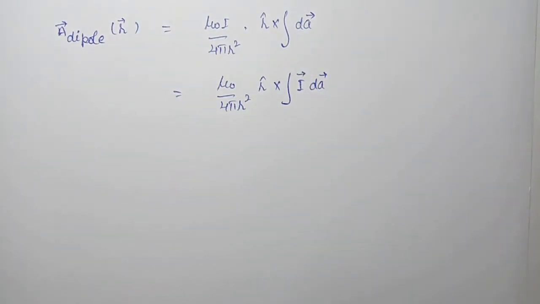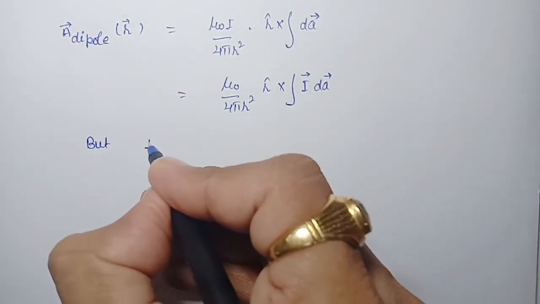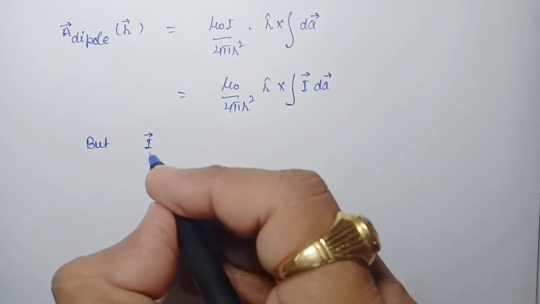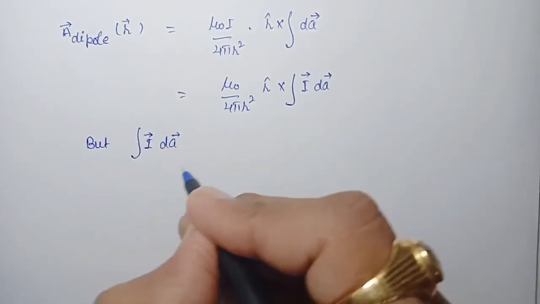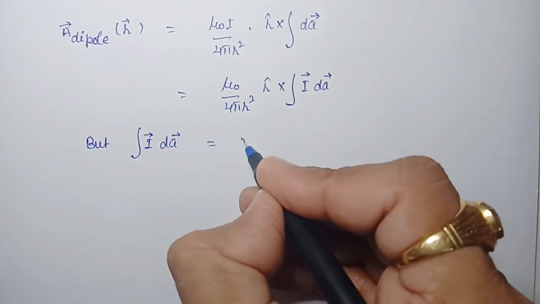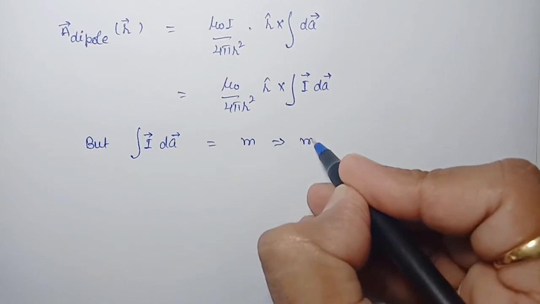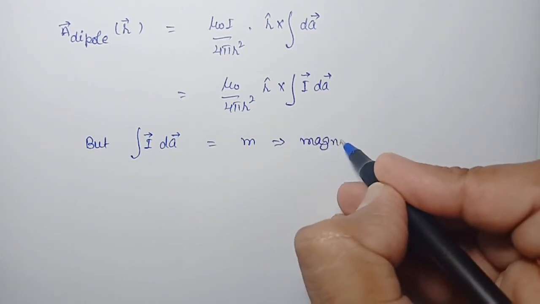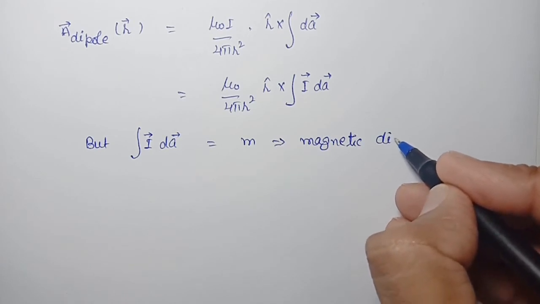Clear? So here this I, that is current, into dA is nothing but m. And what is m? m is the magnetic dipole moment.